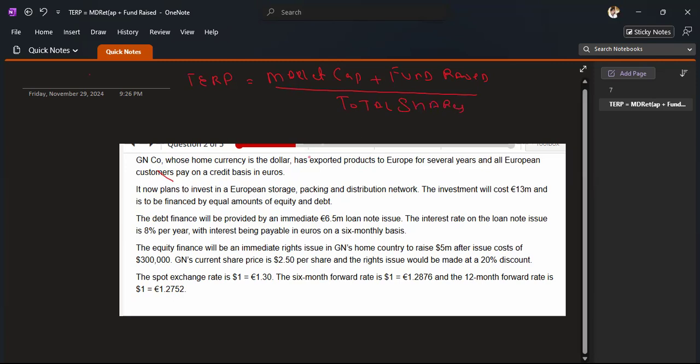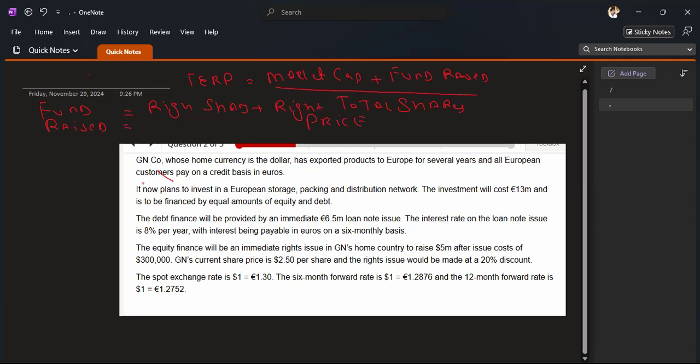Now in this question, what is the formula for the fund raised? Fund raised is equal to rights issue shares times rights price. That is the formula.